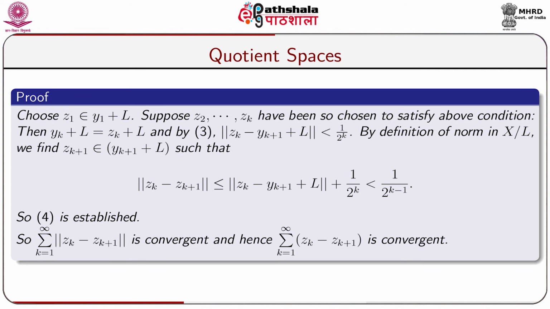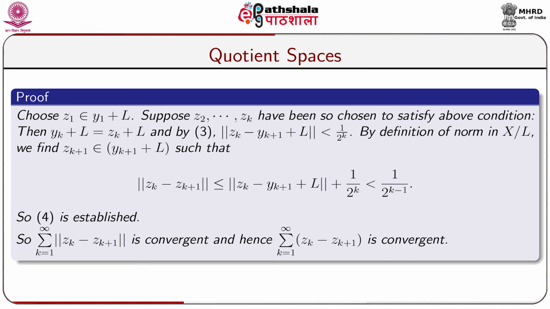So, we see that the norm of zk − zk+1 is less or equal to the norm of zk − (yk+1 + L) plus 1/2^k. As the norm of zk − (yk + L) is less than 1/2^k, we see that the norm of zk − zk+1 is strictly less than 1/2^(k−1). So, the earlier equation is established.